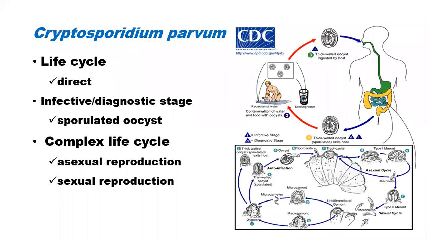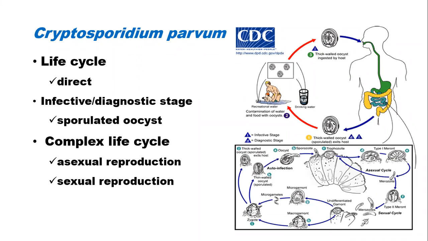So what is the life cycle like? Again, this is a direct life cycle because it's just one human host. However, it is a complex life cycle because, as we're going to discuss now, you have an alternation of asexual reproduction with sexual reproduction.